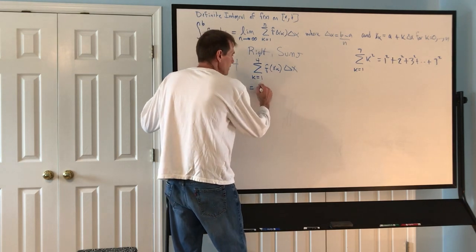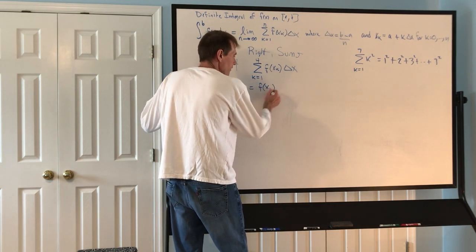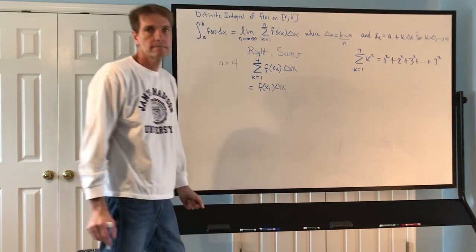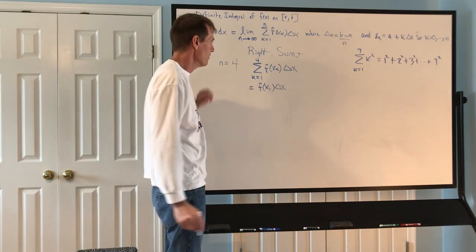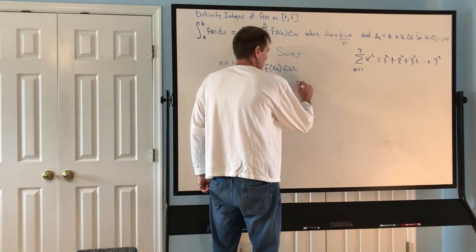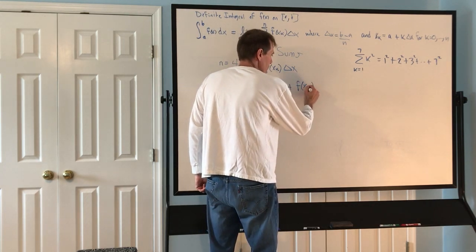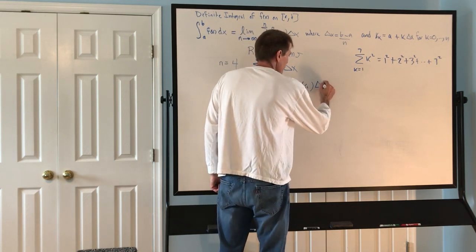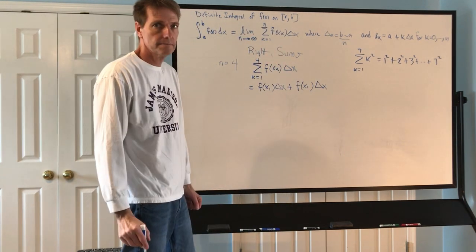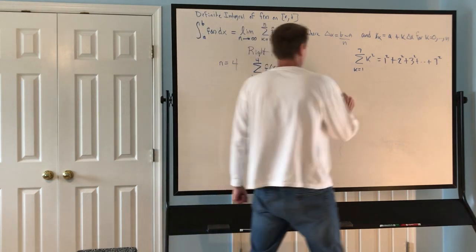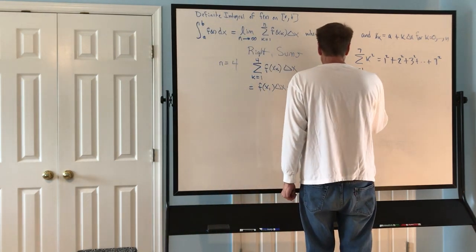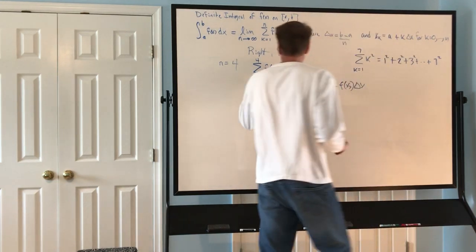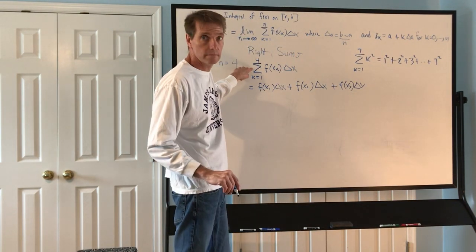When k is 1, I get f evaluated at x sub 1 times delta x. This says sum. Next value is 2, x sub 2 times delta x. My next value is 3, so I plug in a 3 times delta x, sum.